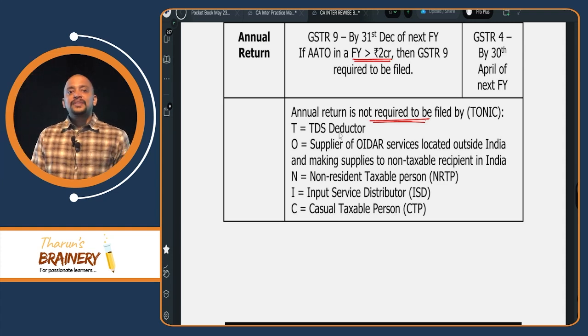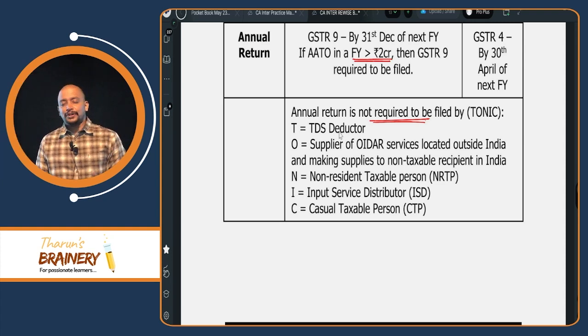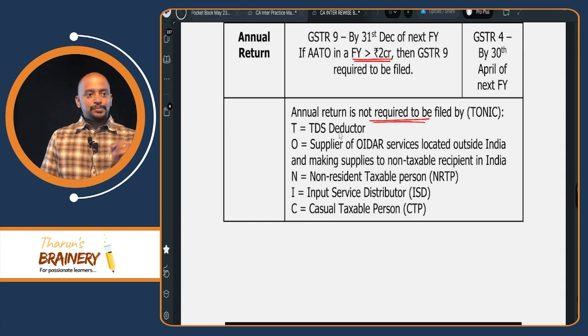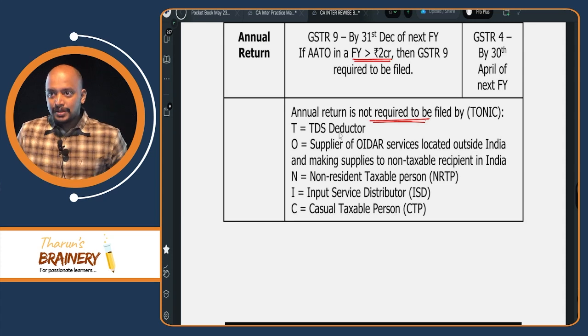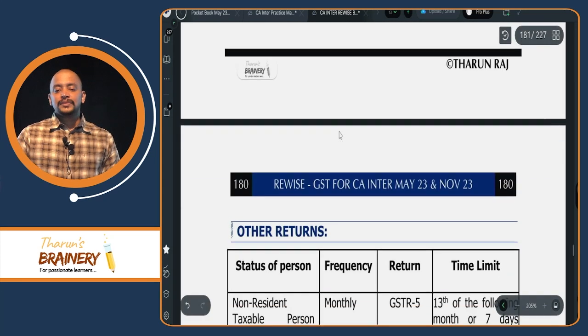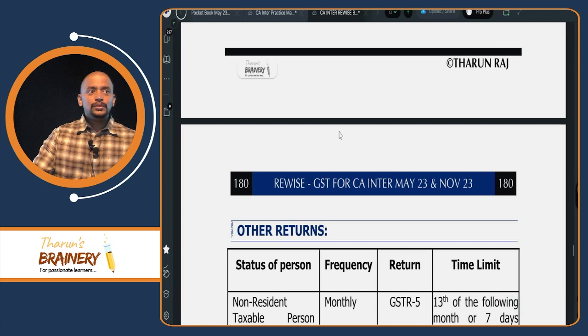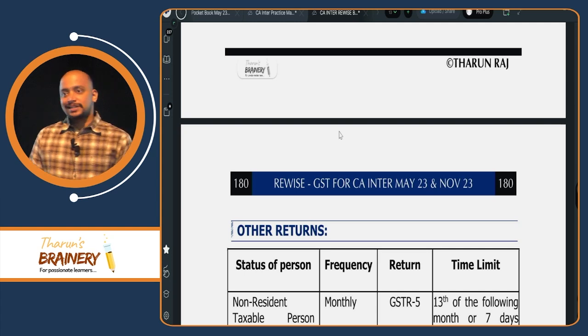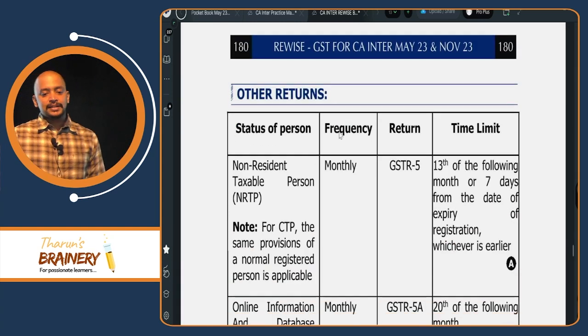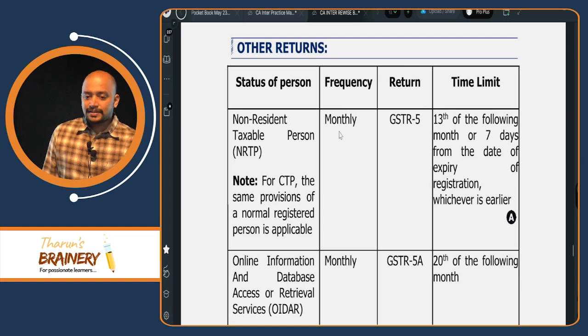I, input service distributor. C, casual taxable person. These 5 people are not required to file the annual return. So T is TDS deductor, O is OIDAR supplier, N is NRTP, I is ISD, input service distributor, C is casual taxable person.